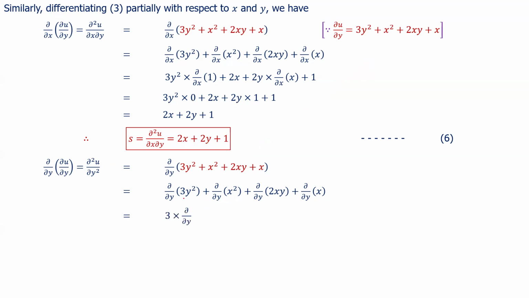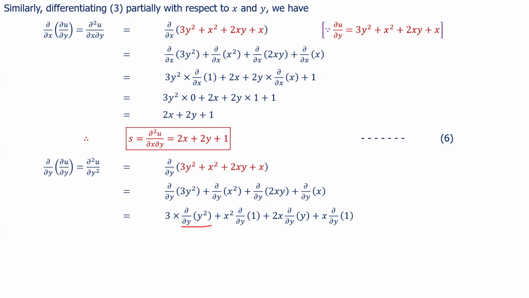For 3y square, 3 is a constant, partial derivative of y square. x square we can take outside, partial derivative of 1. Here we can take 2x outside, partial derivative of y, and we can take x outside, partial derivative of 1.